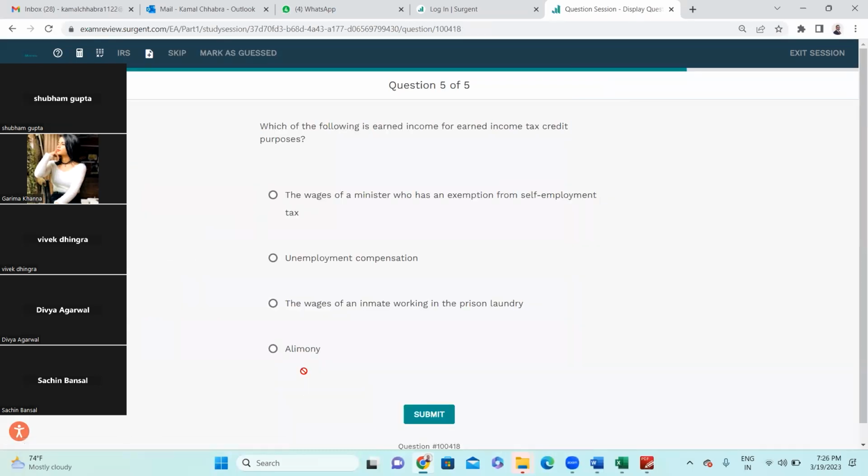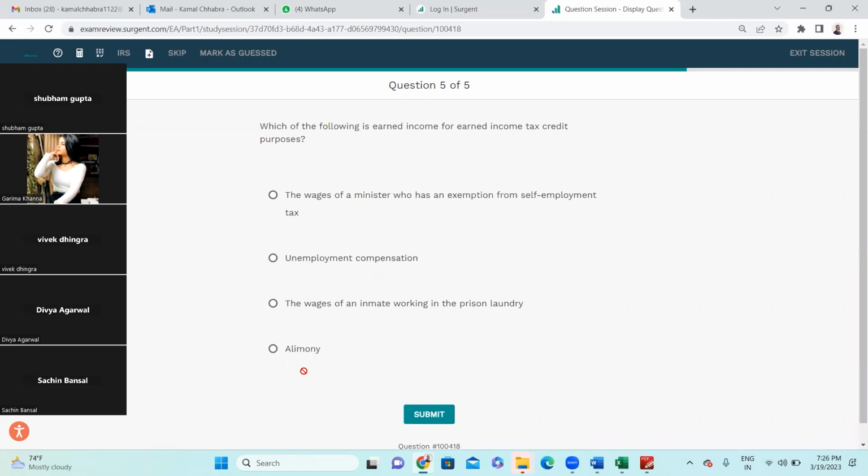Last question of the day. Which of the following is earned income for earned income tax credit purposes? The wages of a minister who has an exemption from self-employment tax, unemployment compensation, the wages of an inmate who works in the prison laundry, or alimony.